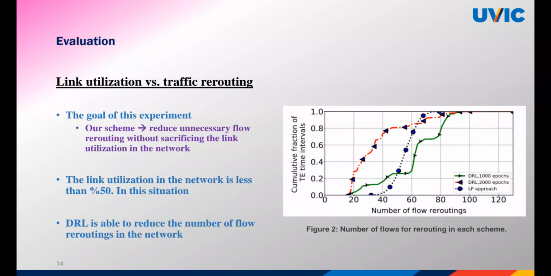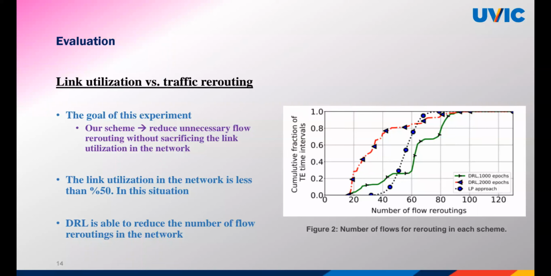Here in figure 3, you can see the average maximum link utilization in the network for 100 tested states for different schemes as a function of demand scale. And as you can see here, the linear programming approach can provide the minimum link utilization in the network. But in figure 2, you can see that more flows need to be rerouted in the network for each time interval when we use linear programming approaches.